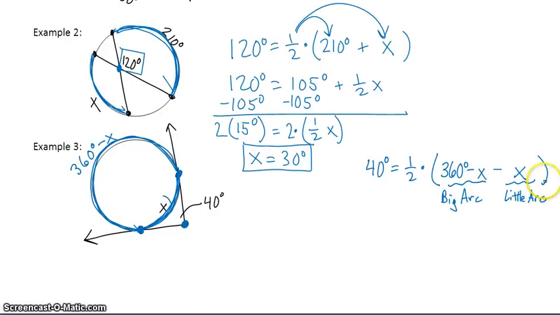Once I have my equation set up, I need to do algebra to solve for x. Step 1, simplify what's inside the parentheses. I can combine minus x into minus 2x. Now I can distribute.